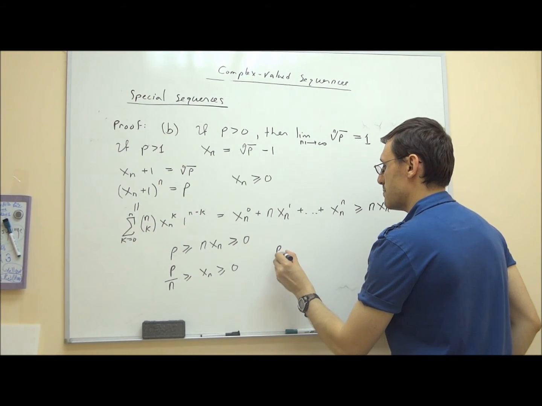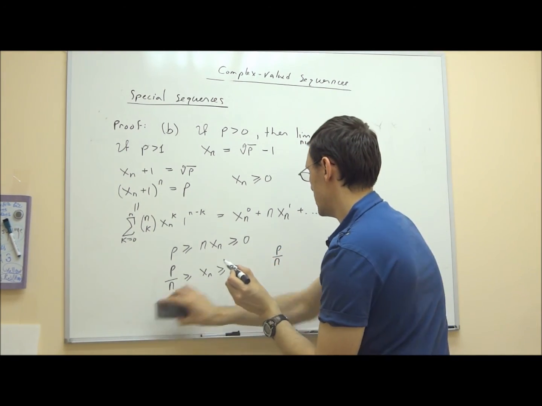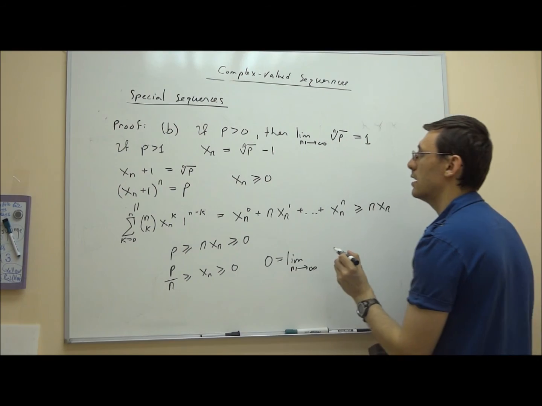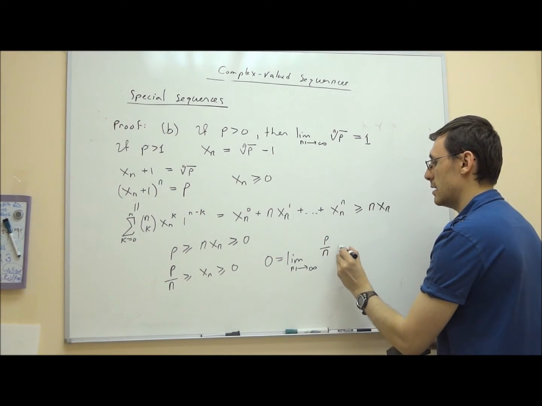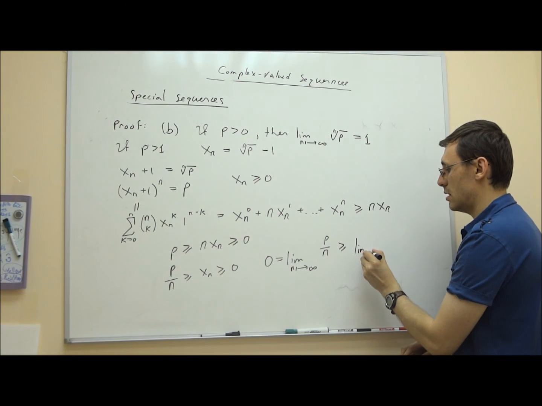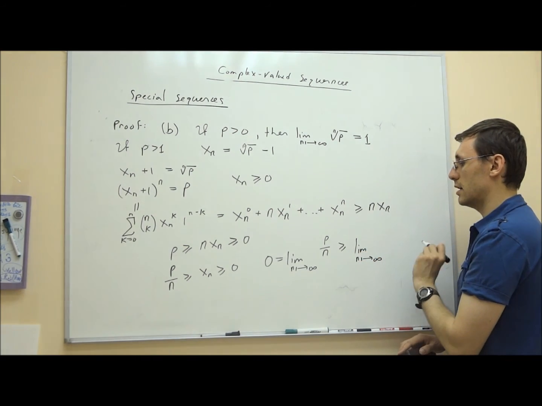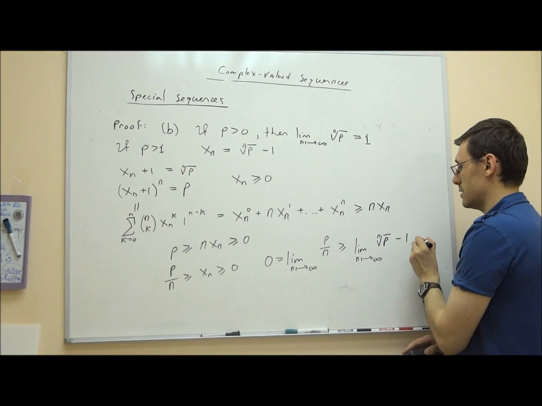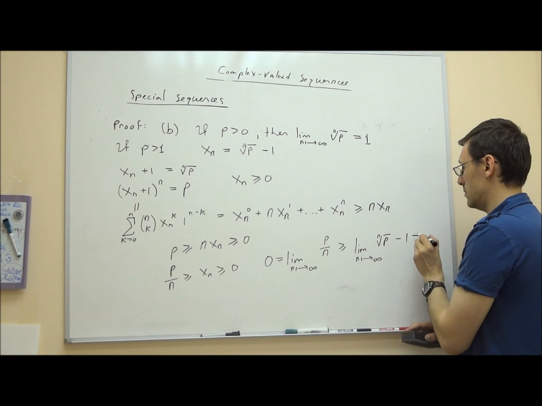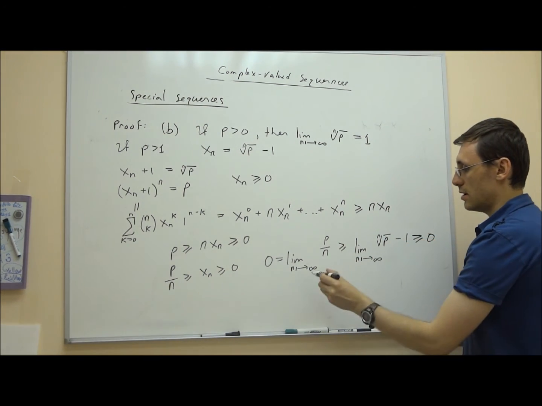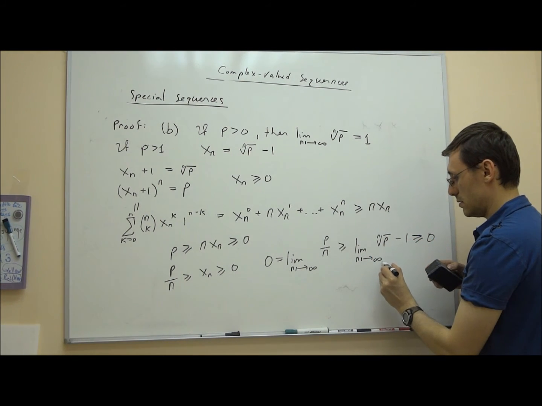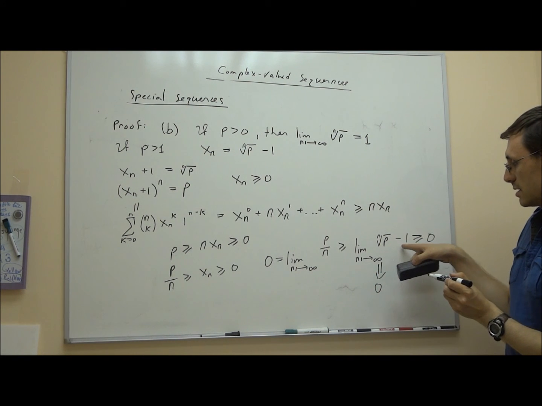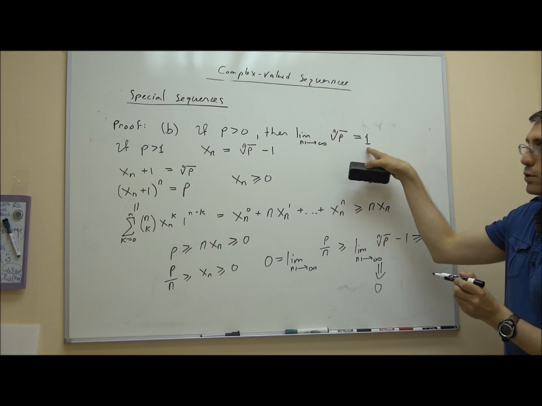So that implies that the limit as n goes to infinity of p over n, which is 0, is bigger than or equal to the limit of xn, which is the nth root of p minus 1, which is bigger than or equal to 0. So therefore this limit is 0, and if this limit is 0, then the nth root of p approaches 1.